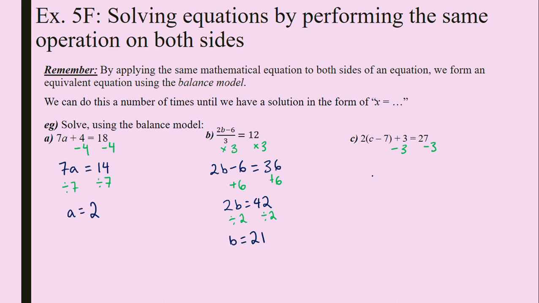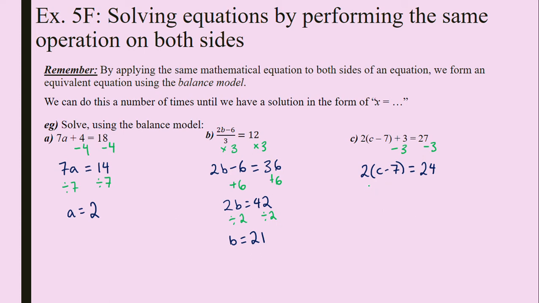Remember, the opposite of BODMAS is SADMOB. This gives us an equivalent equation of 2(c minus 7), so that 3 minus 3 is 0, cancels out, equals 24.